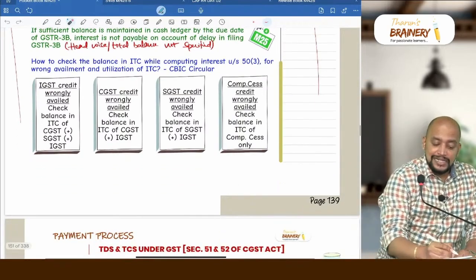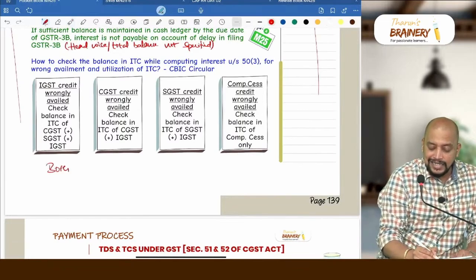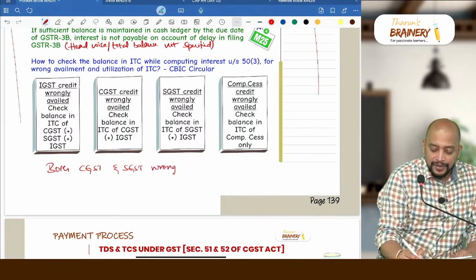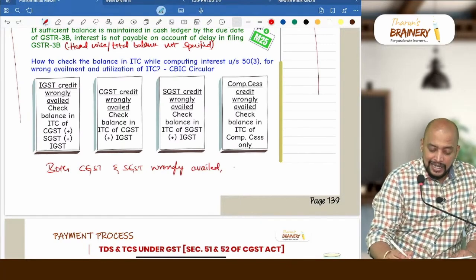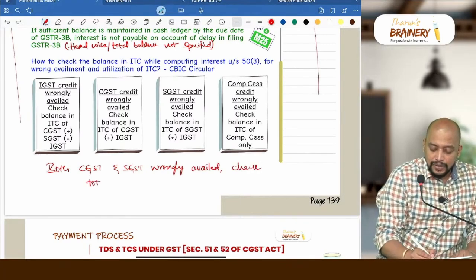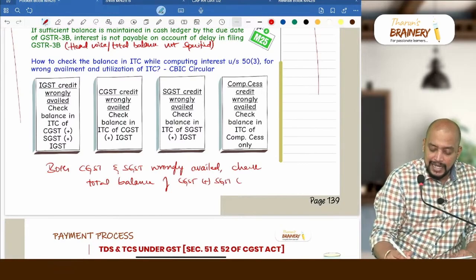If both CGST and SGST are wrongly availed, then check the total balance of CGST plus SGST plus IGST.